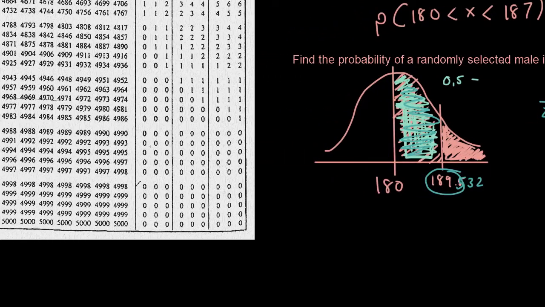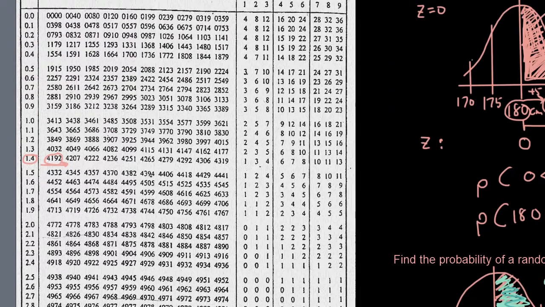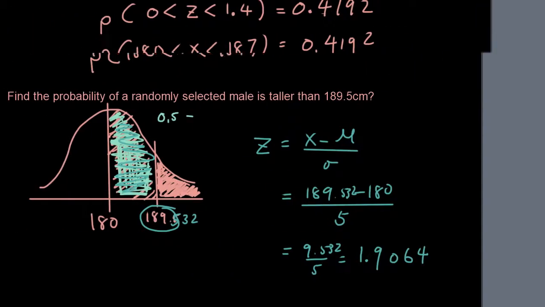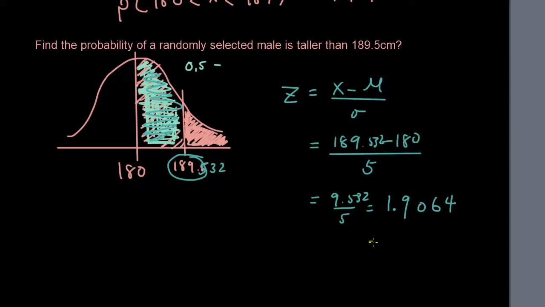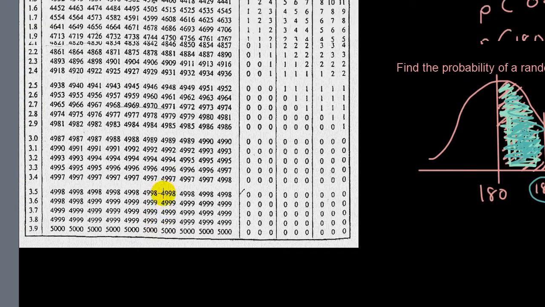Now, this is probably too complicated, because our table only works up to 3 decimal places. So I have 4 decimal places. So the only way I can do it is if I round it to 3 decimal places: 1.906. Okay, so let's say that I now want this probability. So what I do is I then look up in my table 1.906. So where is that number?